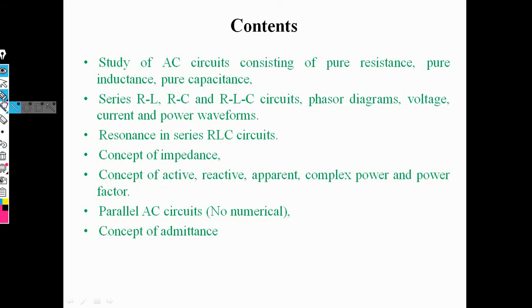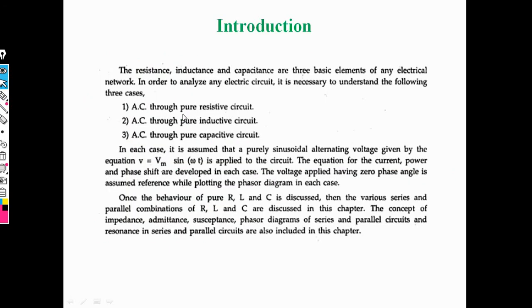Okay. Then the first point is study of AC circuit. The study of AC circuit depends on the electrical network. First we need the electrical network, and this electrical network is classified into 3 types.